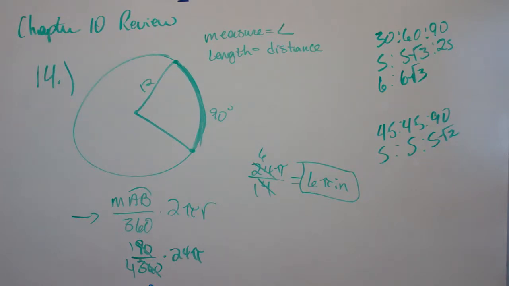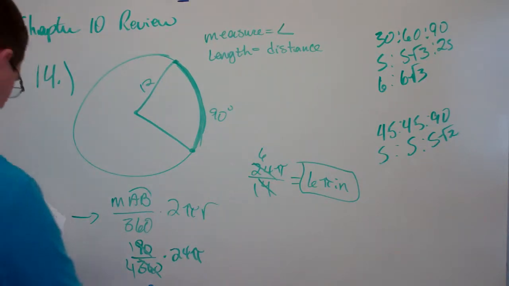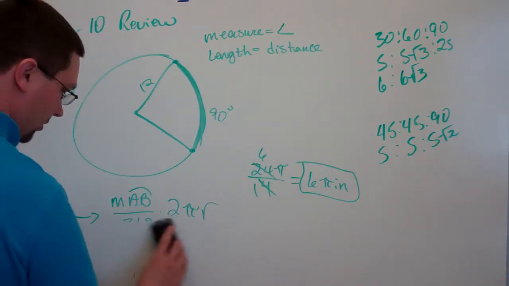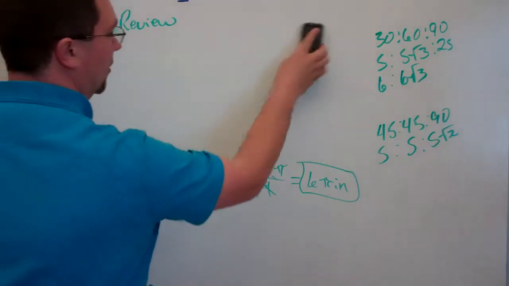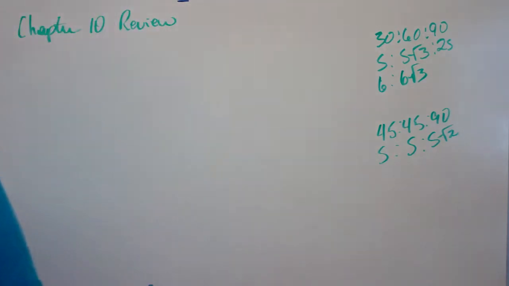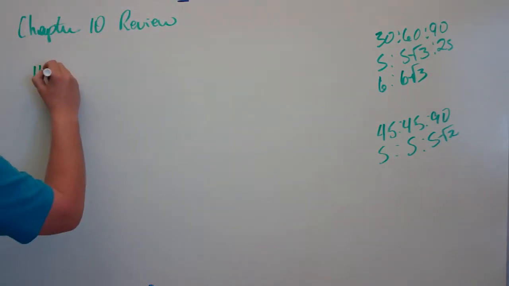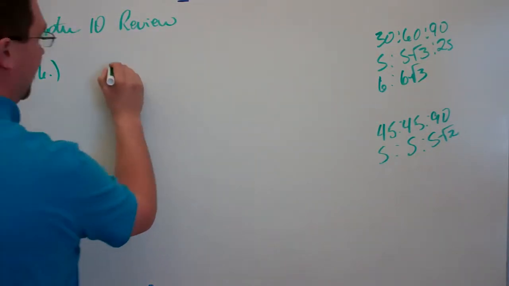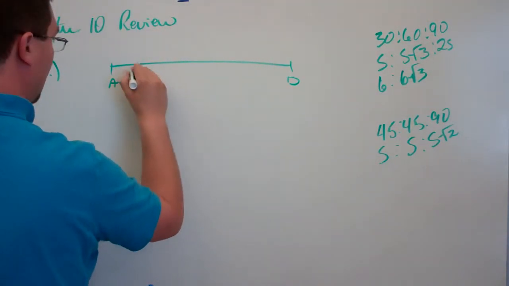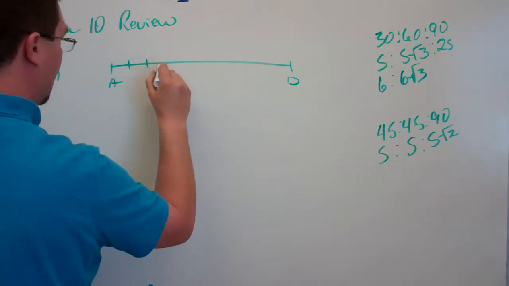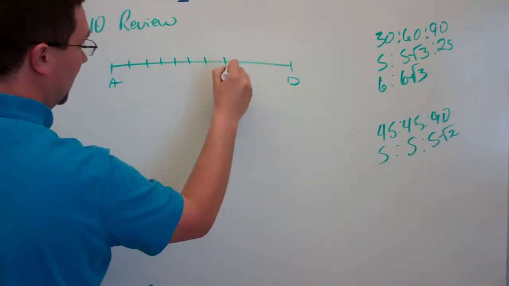Turn the paper over, let's do 16. We're going to do 16, 18, and 21 and be finished. Alright, 16. We have a segment A to D. 1, 2, 3, 4, 5, 6, 7, 8, 9.